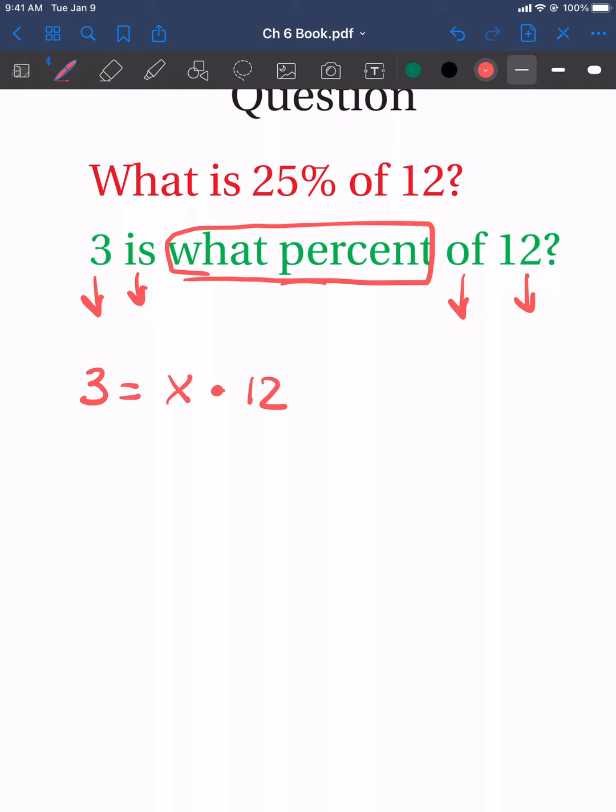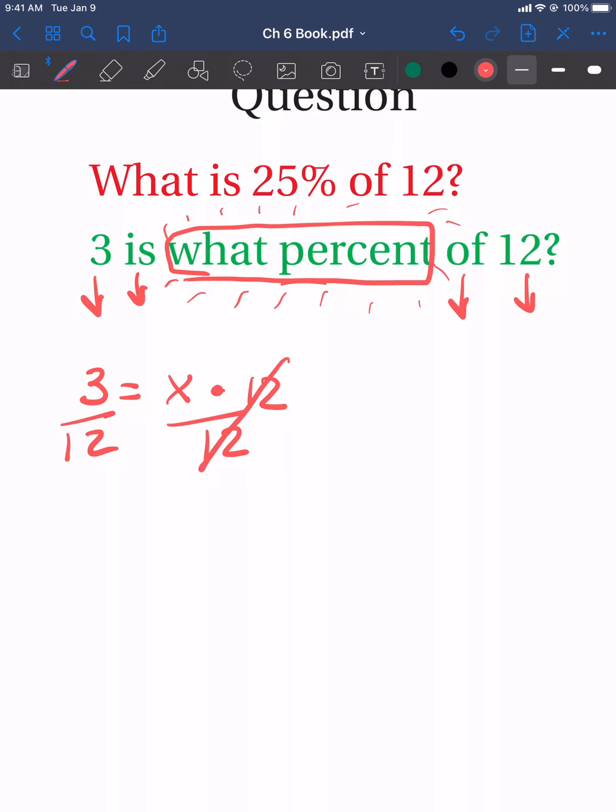Just keep in mind that at the very end, I'm still looking for a percent. So I need to change my answer into a percent, okay? How would I get x all by itself? Well, I would do the opposite of what's happening to it, and right now it is being multiplied by 12, so the opposite would be to divide by 12. But if I do it to one side, I have to do it to the other.